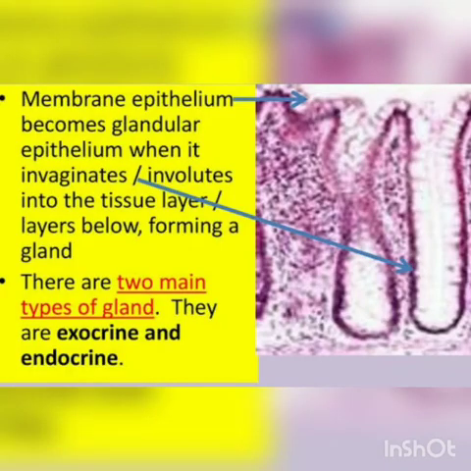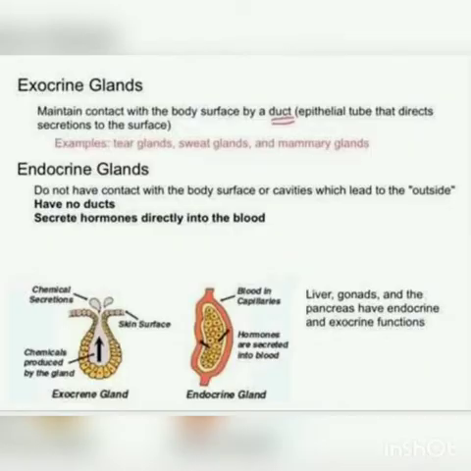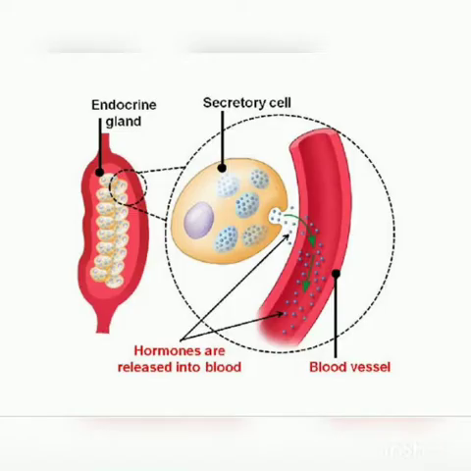On the basis of the mode of pouring the secretion, these glands are divided into two categories: exocrine and endocrine glands. Exocrine glands secrete mucus, saliva, earwax, oil, milk, digestive enzymes and other cell products. These products are released through ducts. Duct means tube.